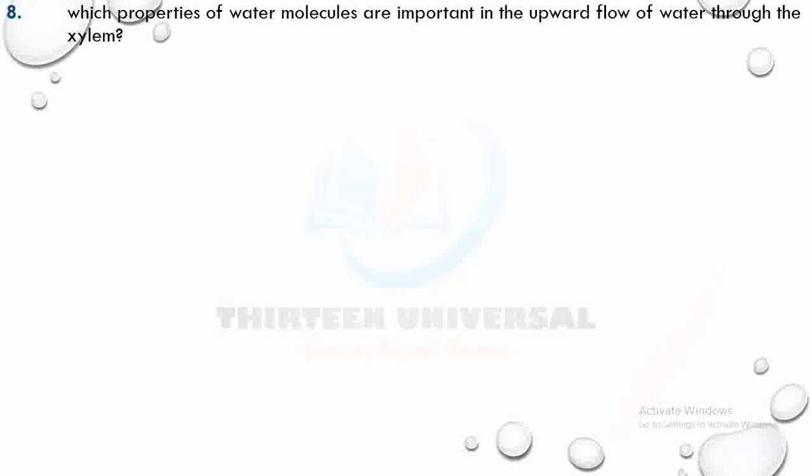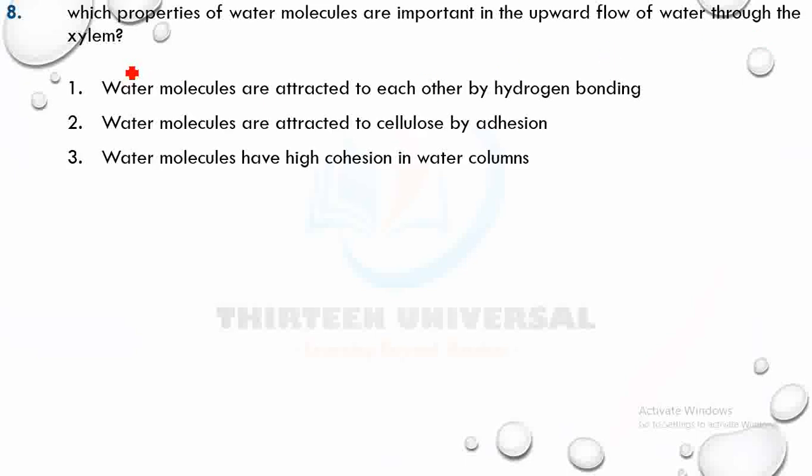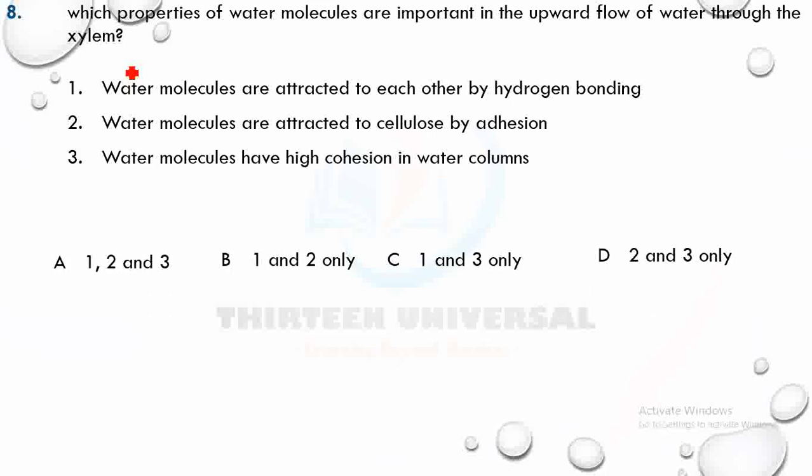All right. Let's run. Which properties of water molecules are important in the upward flow of water through the xylem? Now try this question. These questions are cheap. Pause the video and try it. Water molecules are attracted to each other. Yes, by hydrogen bonds. So if this is xylem, this is water at the root.